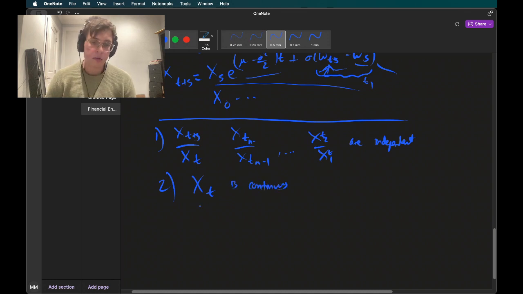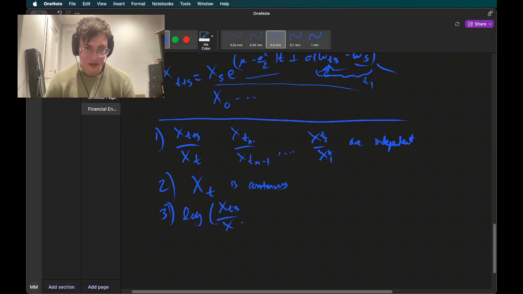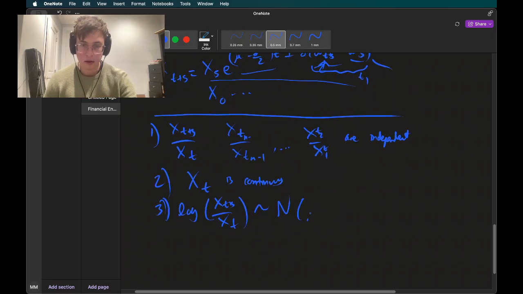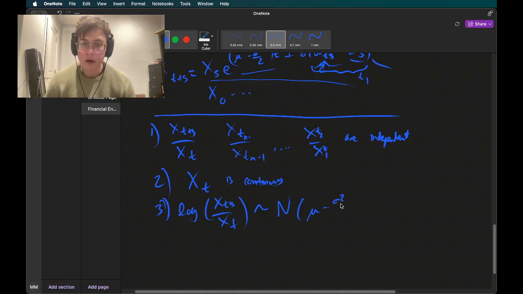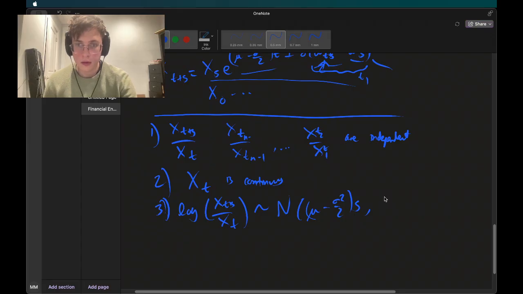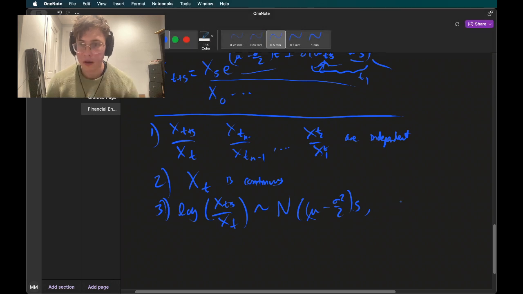Finally, if we take the log of this distribution, x_{t+s} over x_t, this is normally distributed with, I think, mean mu minus sigma squared over 2 times s. And so this is a log normal distribution as we described in a previous lecture.